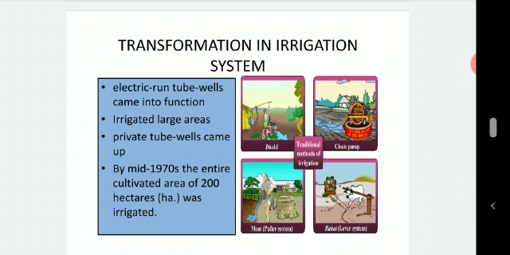They are now able to irrigate large areas of land. Even the private tube wells, that is, those people who are rich have now got tube wells dug or constructed, so that they can have access to water. And by the mid 1970s, the entire cultivated area of 200 hectares was irrigated.